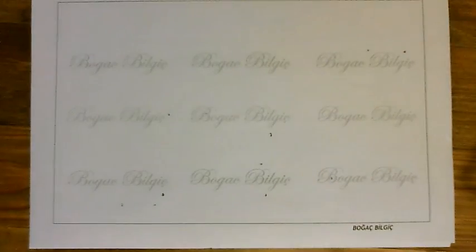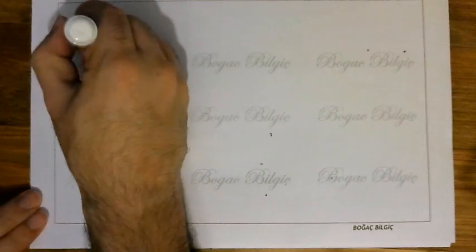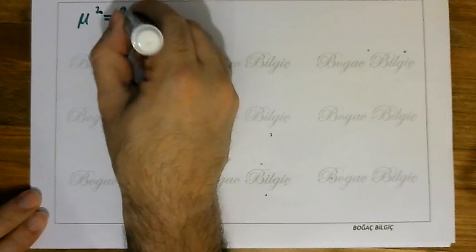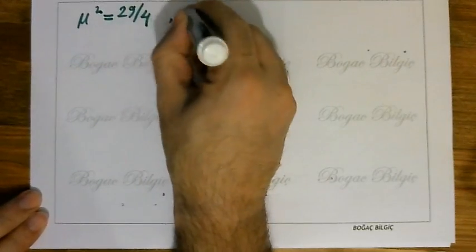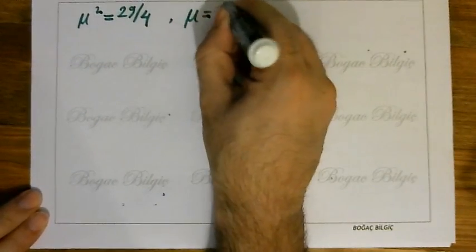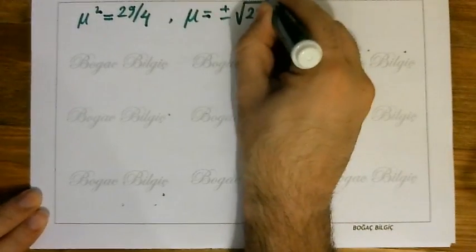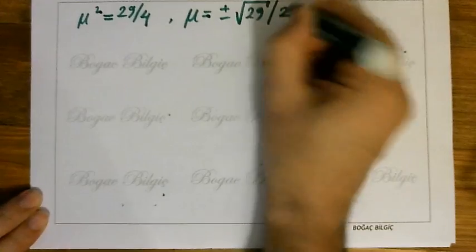So nu squared is equal to 29 divided by 4 and nu is equal to plus or minus root 29 divided by 2.